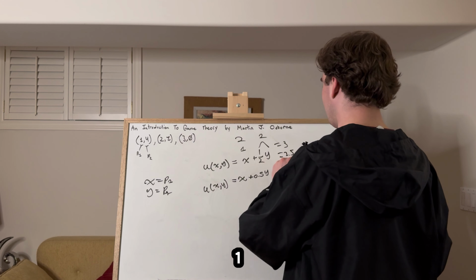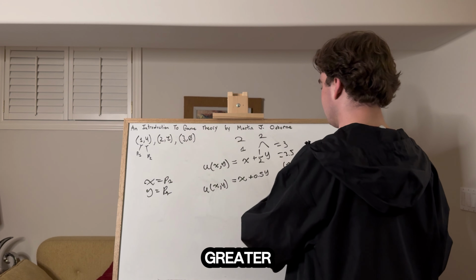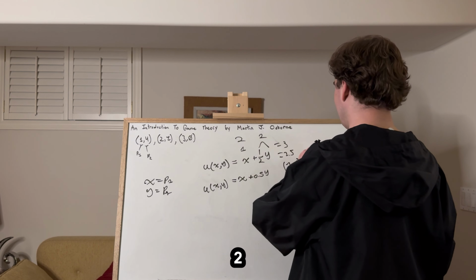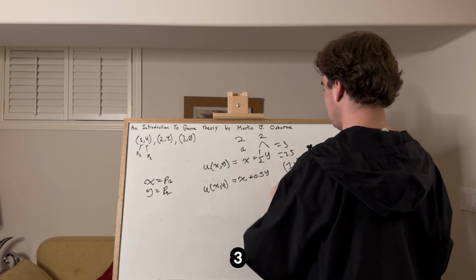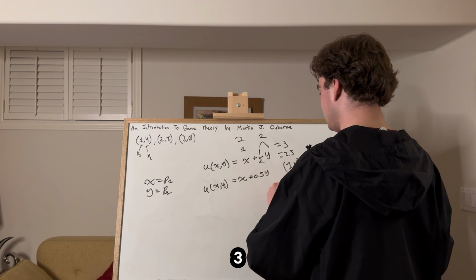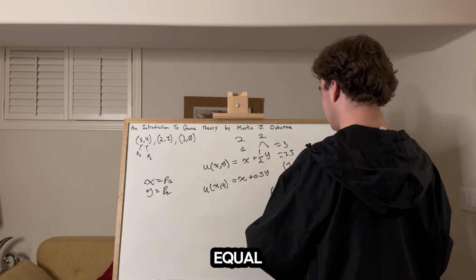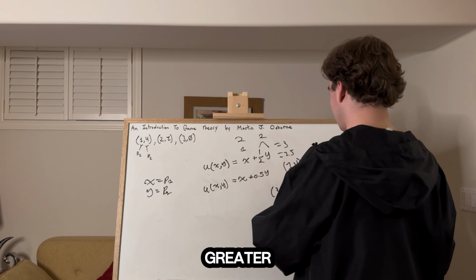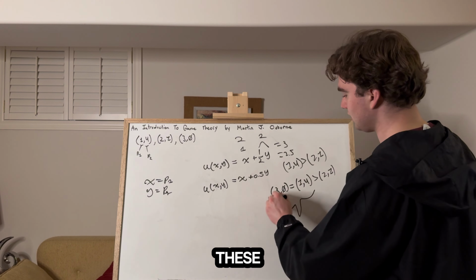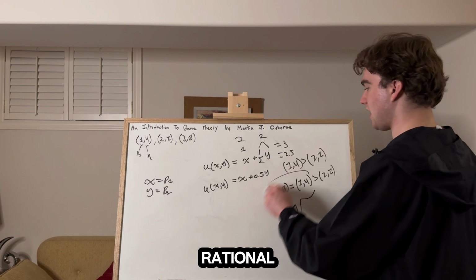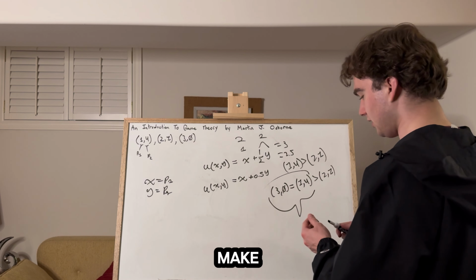So therefore, (1, 4) is greater than (2, 1). And then (3, 0). Well, this is also 3. So therefore, (3, 0) equal to (1, 4) greater than (2, 1). And so therefore, these are equally rational choices for player 1 to make.